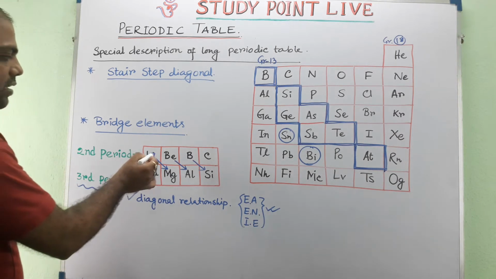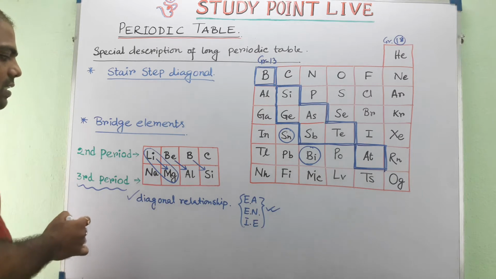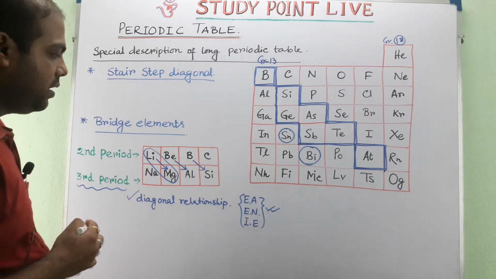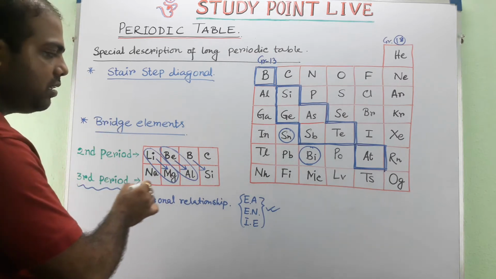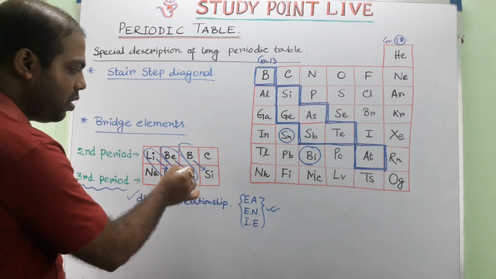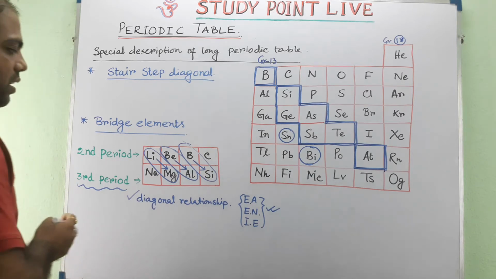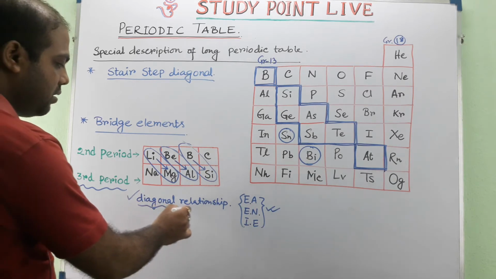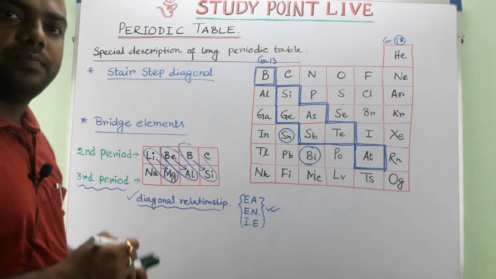Here lithium and magnesium have the same physical and chemical properties. Beryllium and aluminium have the same physical and chemical properties, and boron and silicon have the same chemical properties. That's why they are in a relation which is known as a diagonal relationship.